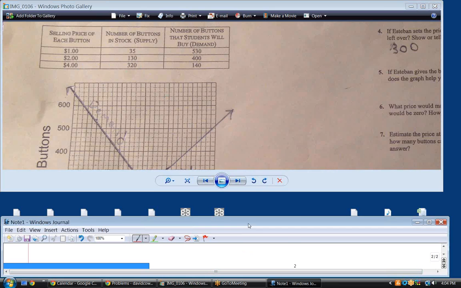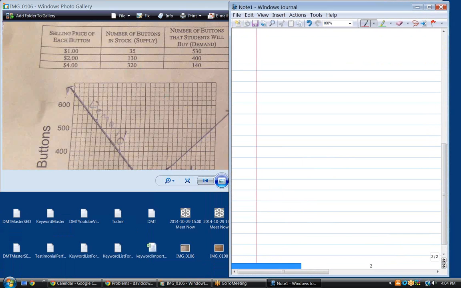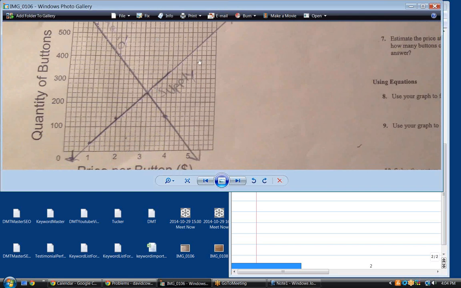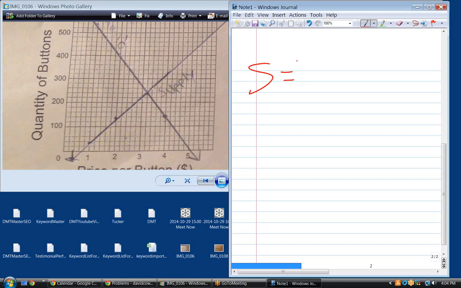In other words, if we look at this algebraically, we've got supply is clearly linear, right? It's a straight line. If it's a straight line, then it's going to follow the equation y equals mx plus b, where slope is m, b is the y-intercept.